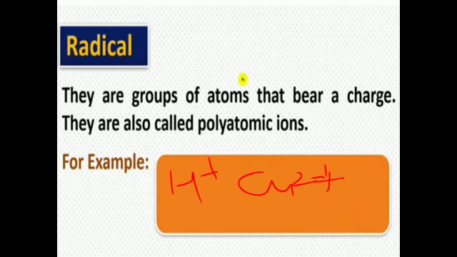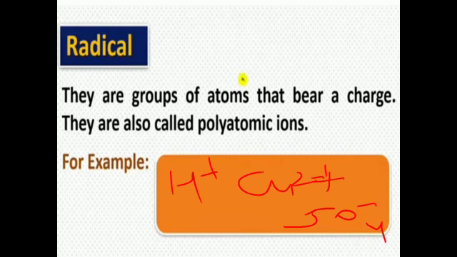Cu2 plus means it has a charge of 2 and the charge is positive. If I take SO4 minus, that means it has a negative charge, right? So these are known as radicals, that is, they have some charge on them.